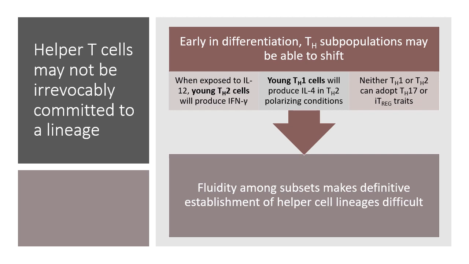So when they're young, shortly after activation, even if they start differentiating down a pathway, if the cytokine environment around them changes enough, they can actually shift toward the other pathway, whichever one is favored by the cytokine bath that they're currently in.